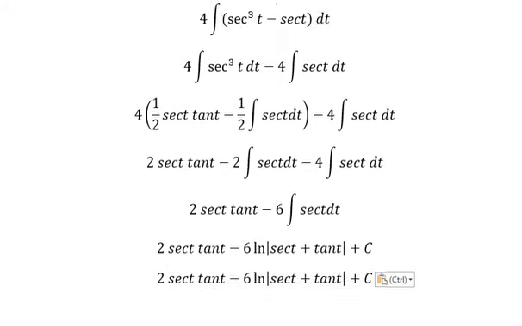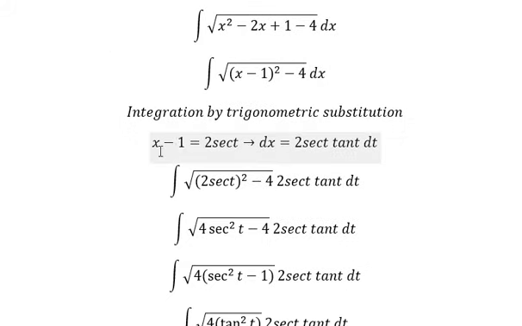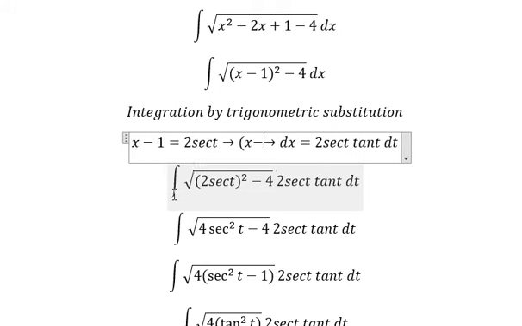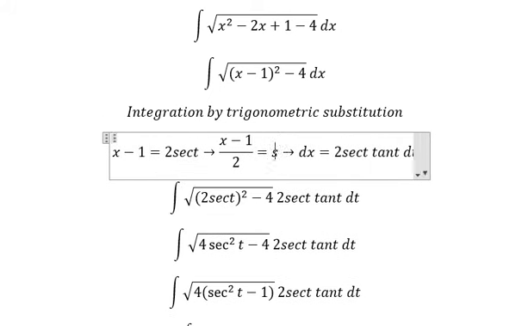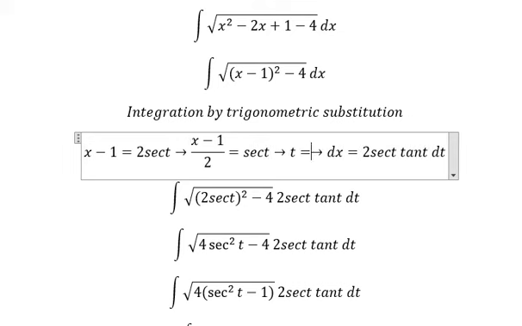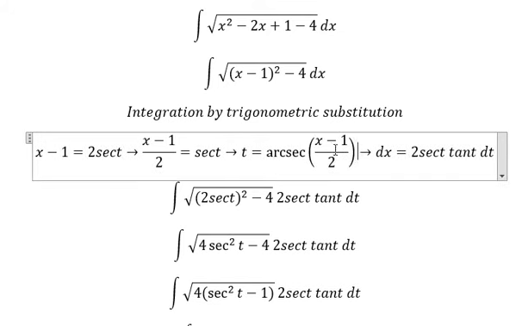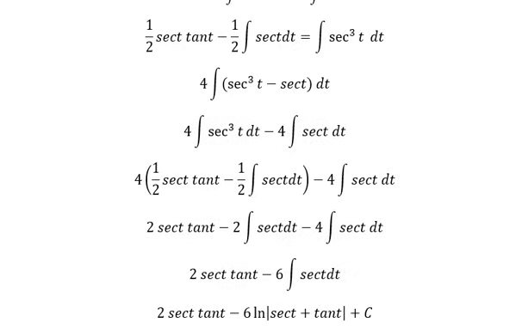About t, we go back to the first one. We have s minus 1 equal to 2 secant of t. So we divide both sides with number 2. And we go about t equal to arc secant of s minus 1 over 2. So we put this one to replace for t.